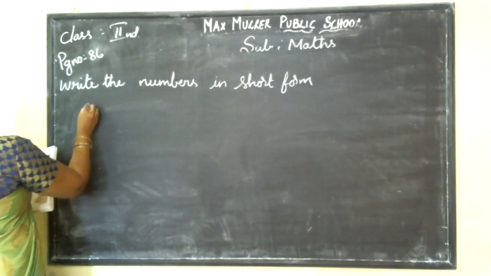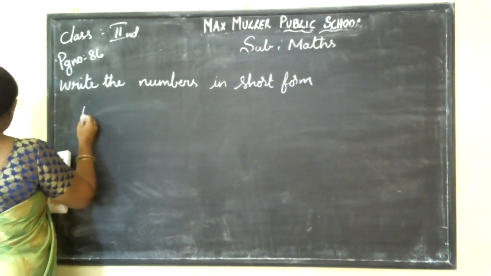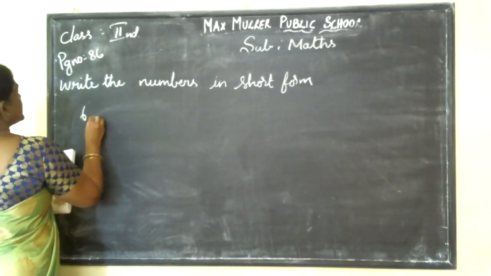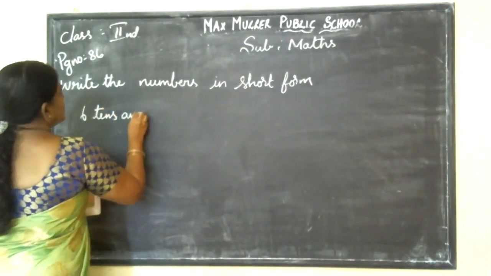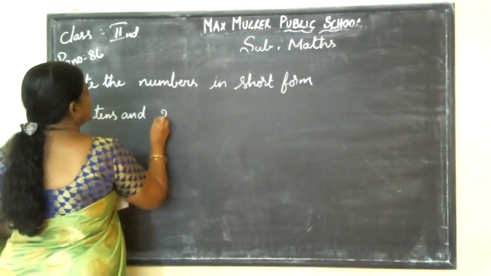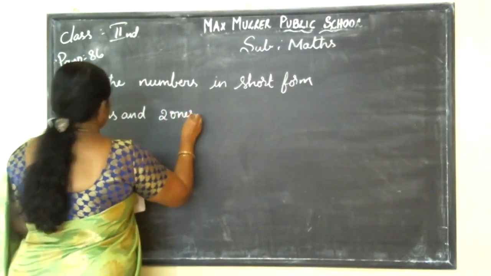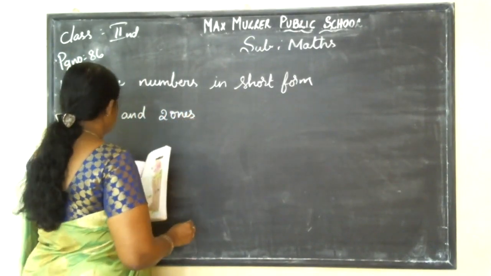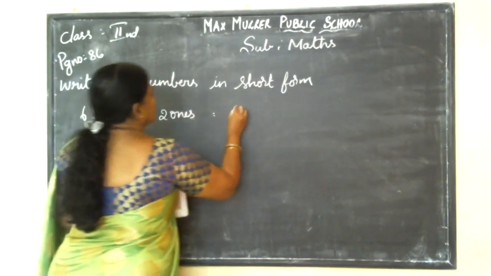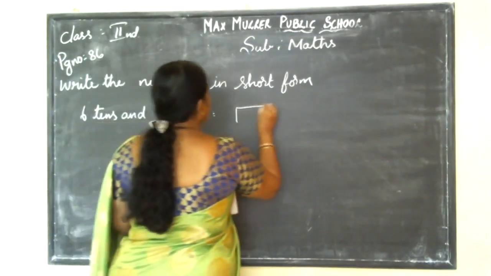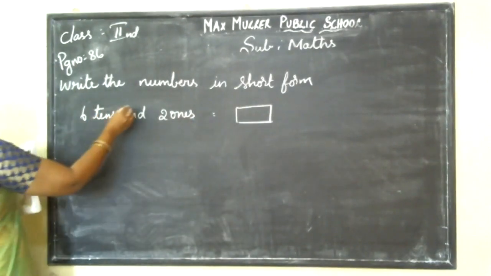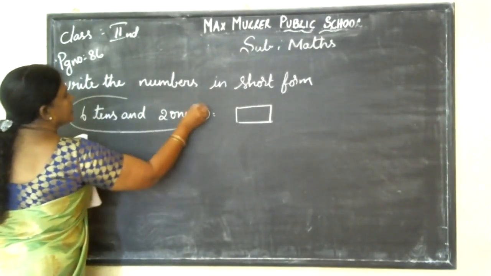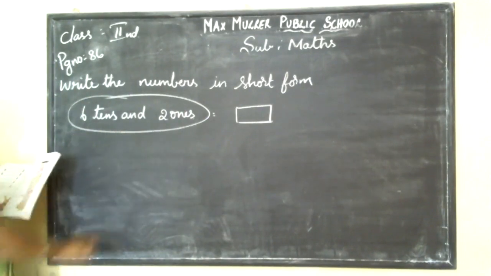This is expanded form, children. See, first one, they give an example. 6 tens and 2 ones. This one is expanded form.